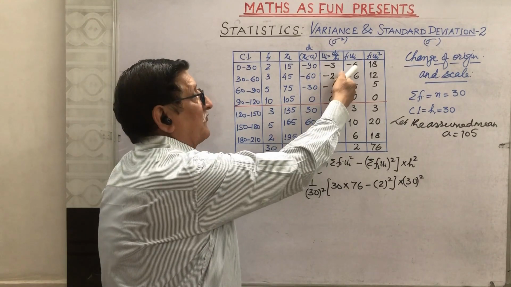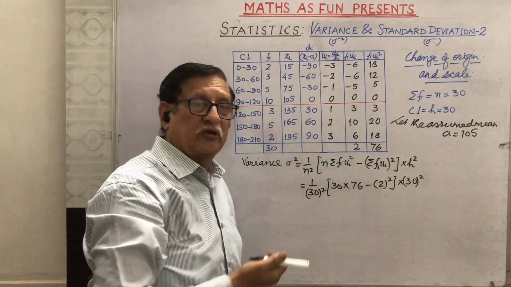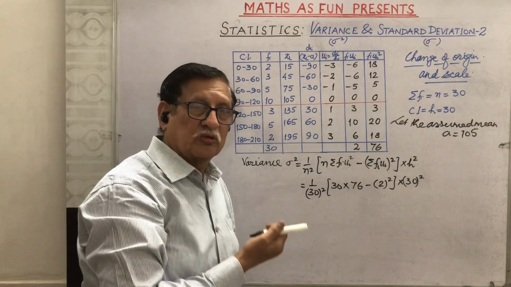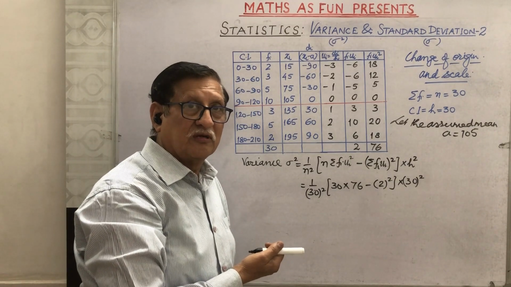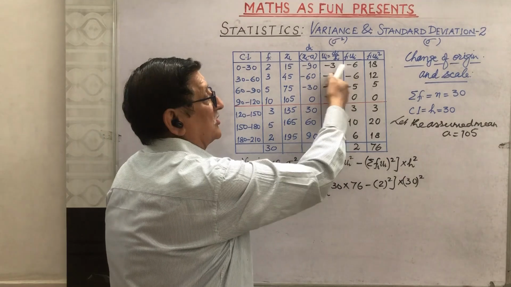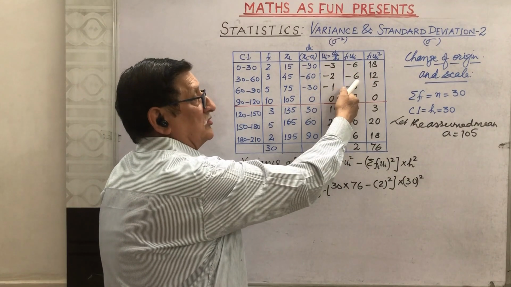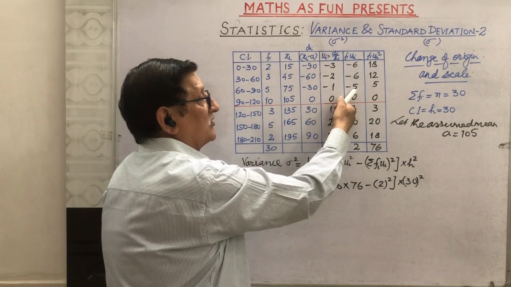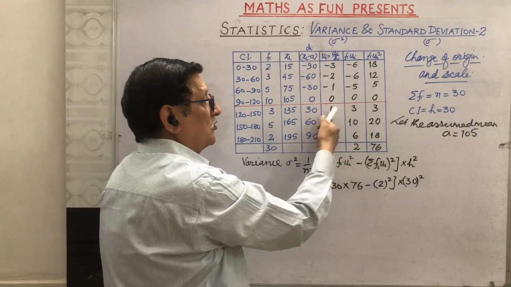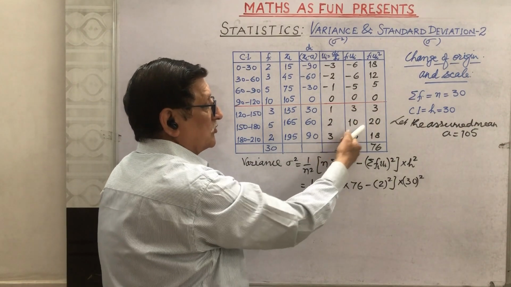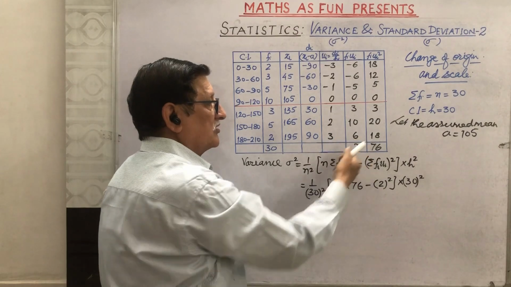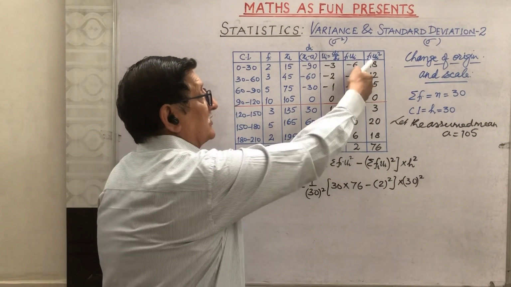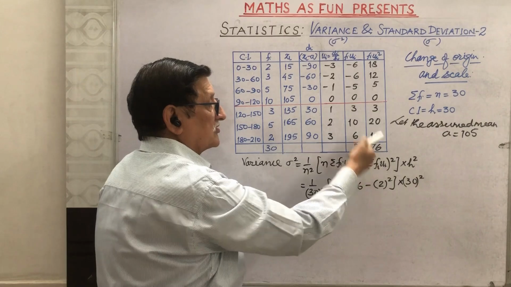If we multiply Fi into Ui by Ui, then also we will get Fi into Ui square. This is the shortest method of doing this. So we can multiply minus 6 into minus 3, that is 18, minus 2 into minus 6, 12, minus 1 into minus 5, 5, 0, 1 into 3 is 3, 2 into 10, 20, and 3 into 6, 18. And when we add them, we are getting the sum as 76.